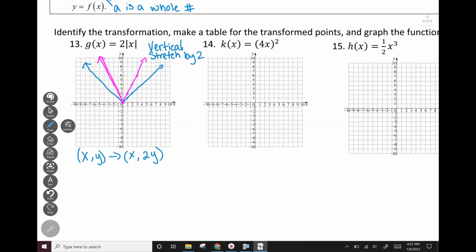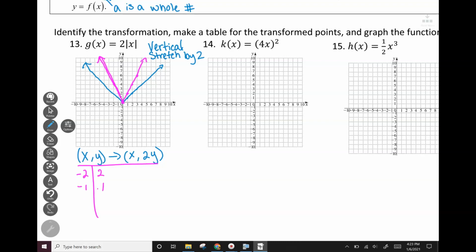Making a table of the transformed points here, really that's just to help you graph it. So if this is enough to help you, you can use that. Otherwise, what you can do is just make a table of those points. So for example, the original function, the parent function, is going to have -2, 2, -1, 1.